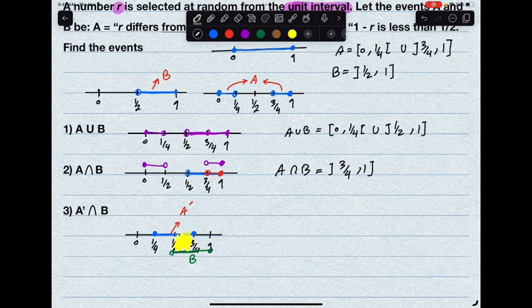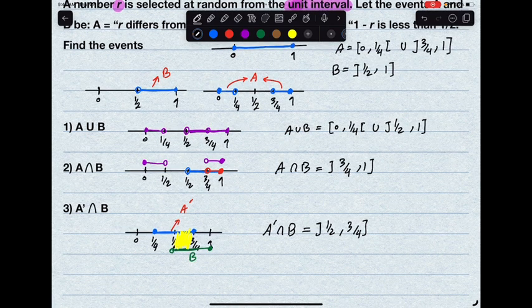So A complement intersection B is 1 over 2 not included, because 1 over 2 is not in B, so it can't be in the intersection, to 3 over 4. 3 over 4 is included because it's included in both A complement and B. So that gives us A complement intersection B.